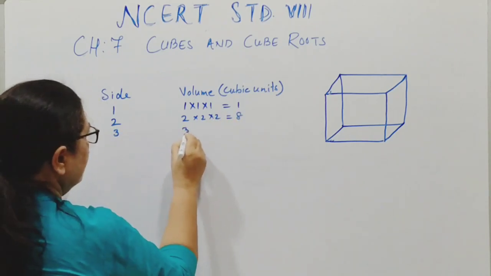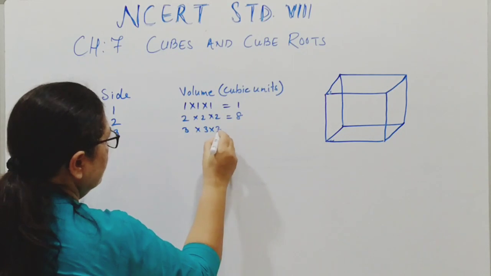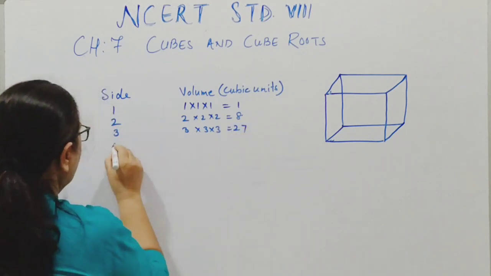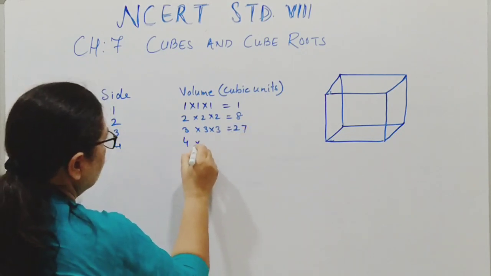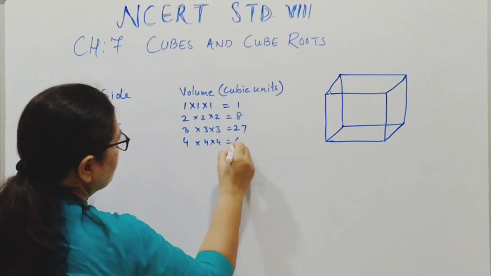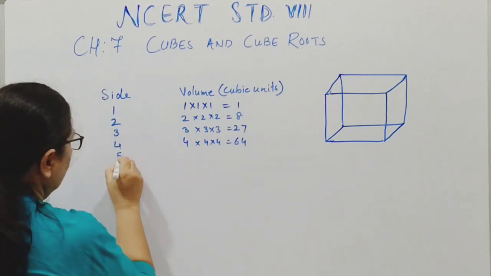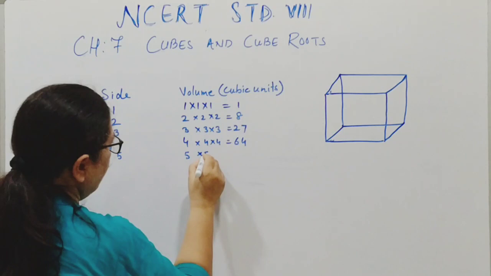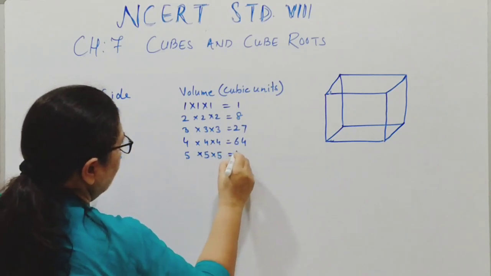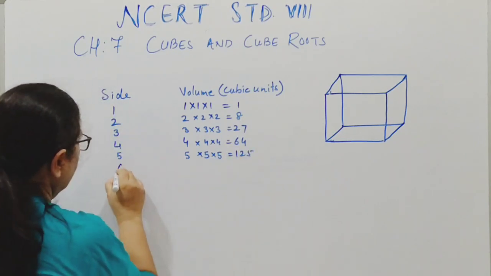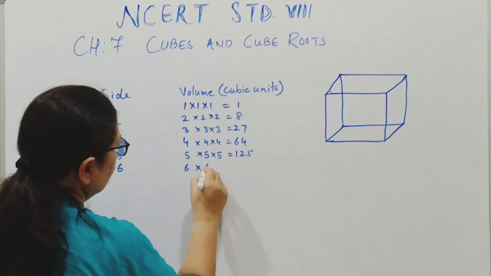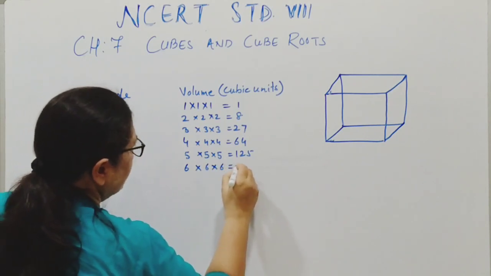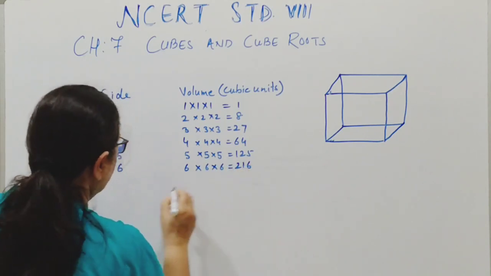For 3, 3 into 3 into 3, 27. For 4, it is 4 into 4 into 4, so it is 64. For 5, 5 into 5 into 5, 125. 6, 6 into 6 into 6, that is 216.